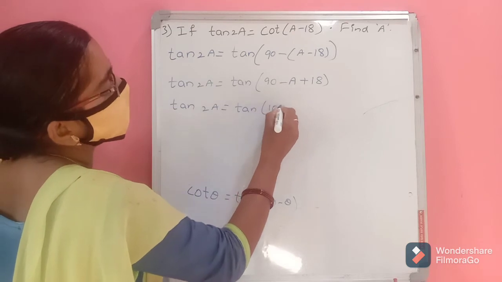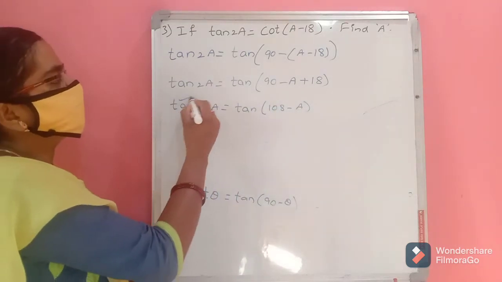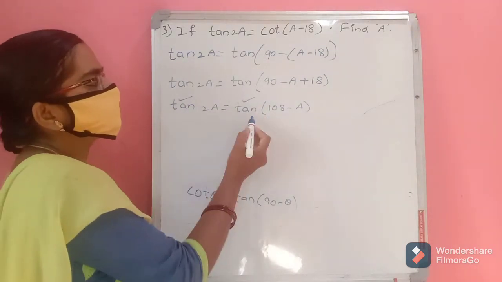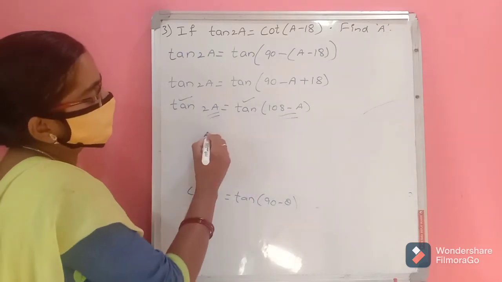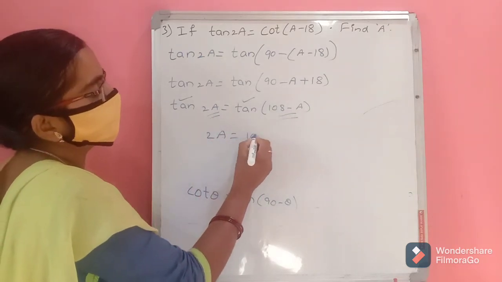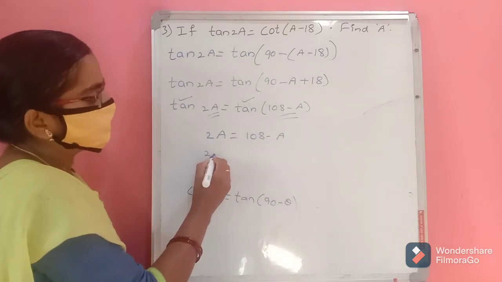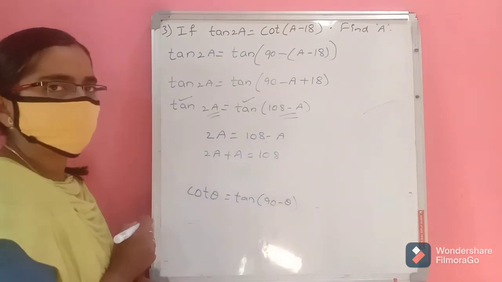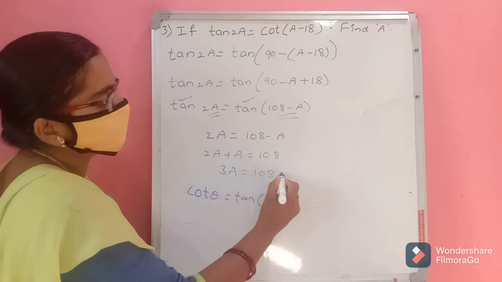108 minus a. Here you can observe, here we have tan, here also we have tan. When these tangents are same, their angles also should be same. Then we can write simply angles 2a is equal to 108 minus a. Transpose this minus a this side. This becomes plus a. 2a plus a is equal to 108. 2a plus a is 3a. 3a is equal to 108.